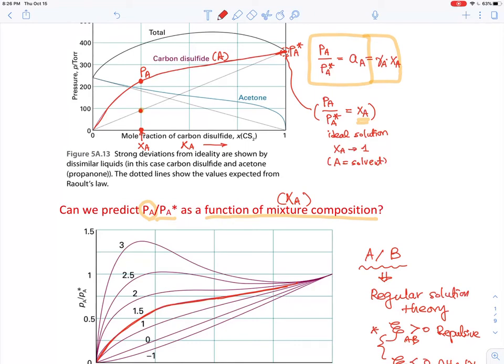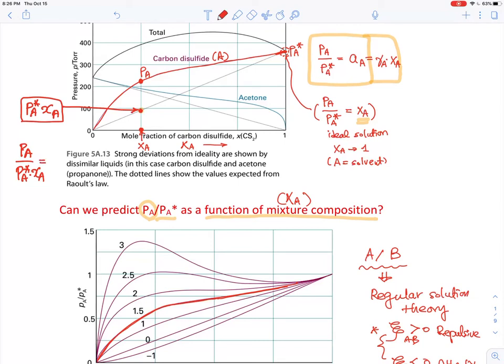If you remember, this value itself is PA star XA. That's the value as if A behaved like an ideal solution, and this is the actual PA value. So the ratio between these two is PA divided by PA star XA. What's that going to be?